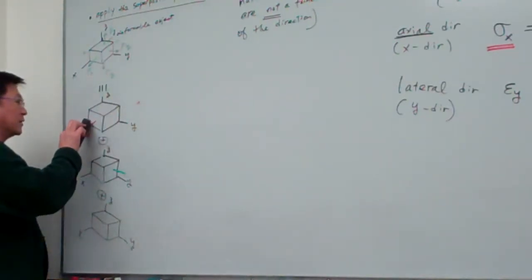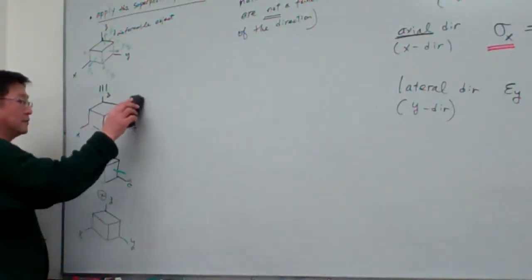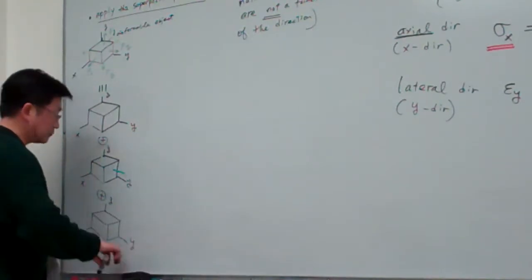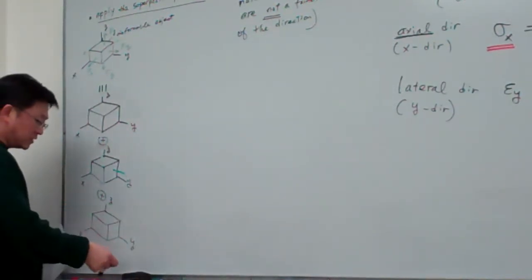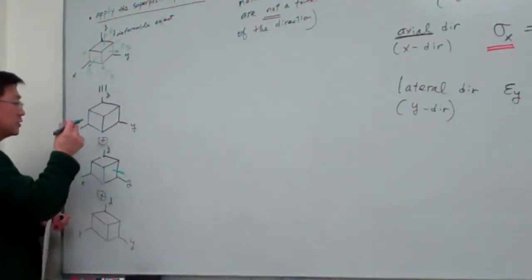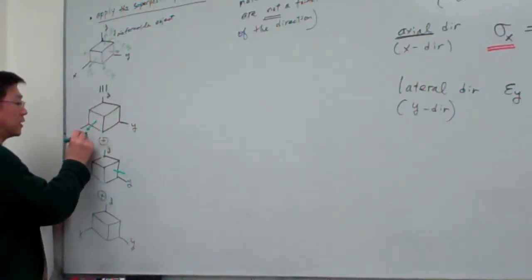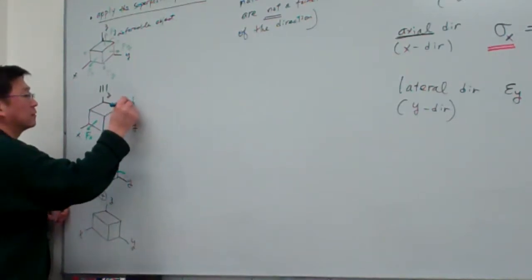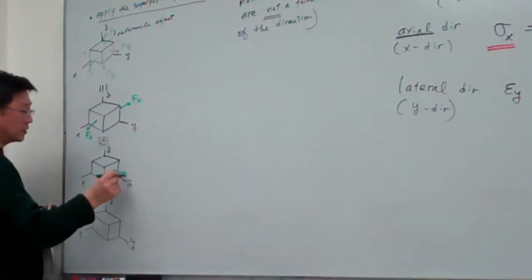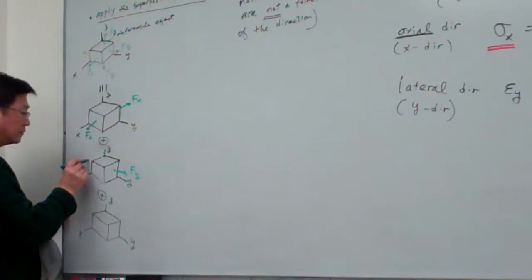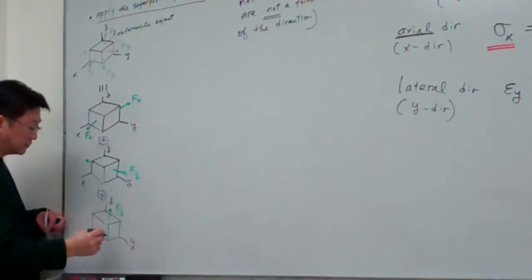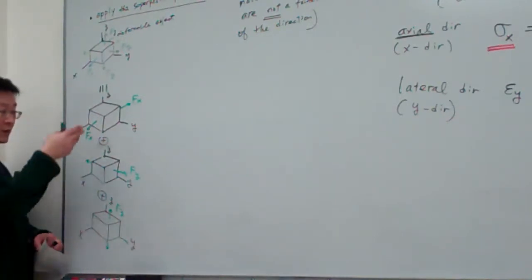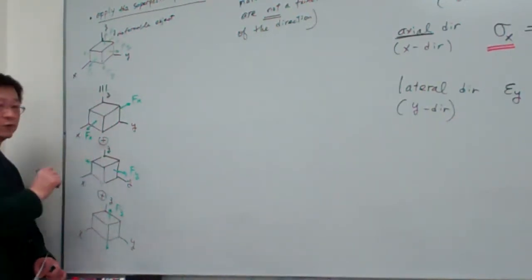So let me do this again. Basically, by decomposition, this will decompose into Fx, and this will be decomposed into Fy, and then this will decompose into Fz. Okay, and again, everything is in static equilibrium.